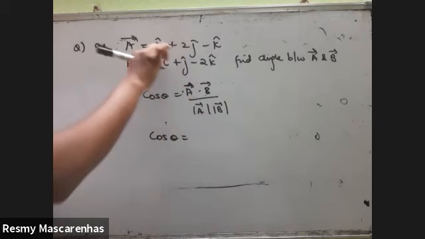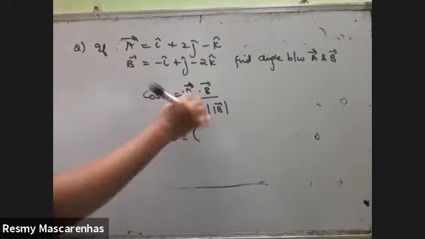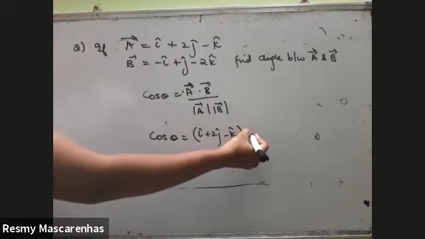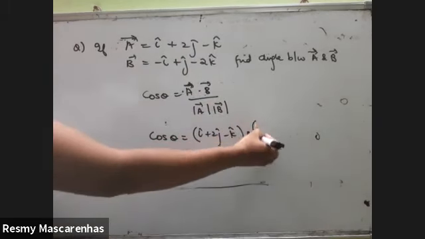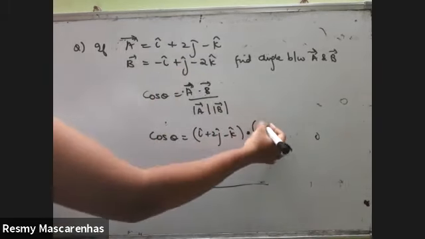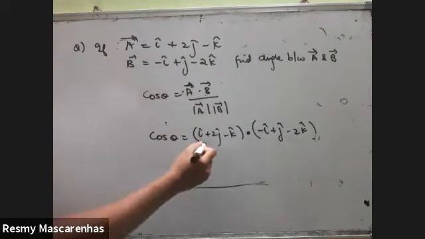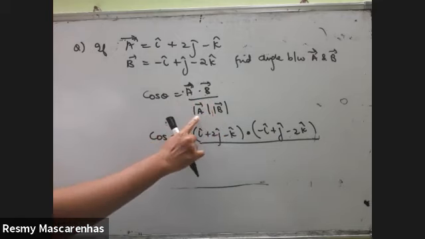A bar is how much? This. Put it in the bracket. Now there's a dot here, put a dot. Now what is B bar? Put B bar. Numerator is substituted. Now comes the denominator. What sign is there? Modulus sign is there. Modulus means, I told you, it's a magnitude sign.